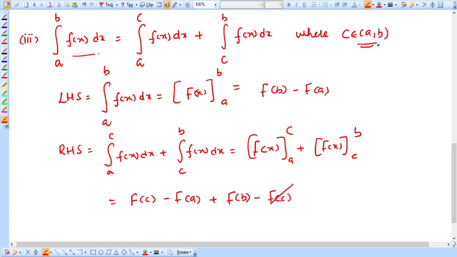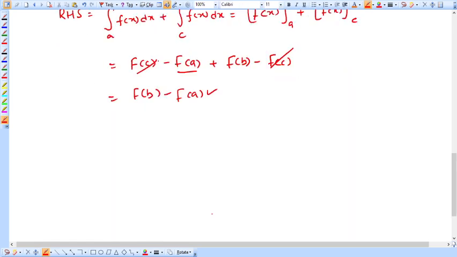So F of c cancels with F of c, and you are left with F of b minus F of a. It is the same, or you can say it is equal to the left hand side.